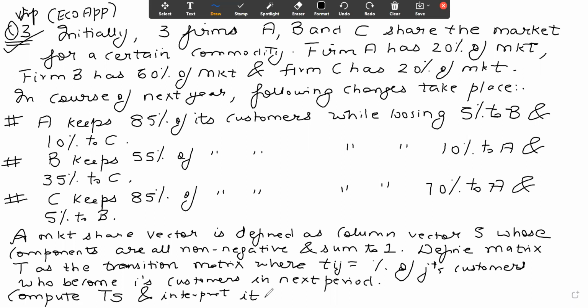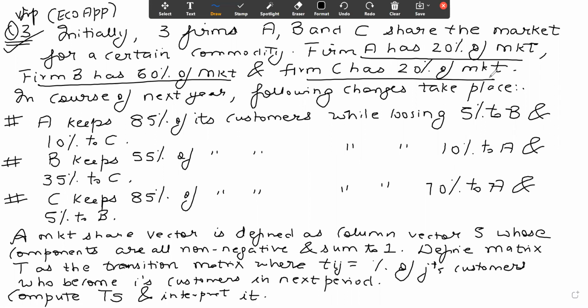So first of all, hoping that students have written down this question, let us quickly give it a read. There are 3 firms A, B, and C who share the market for a certain commodity. A has 20% of the market, B has 60% of the market, and C has 20% of the market. And then they have given that the following changes are taking place.